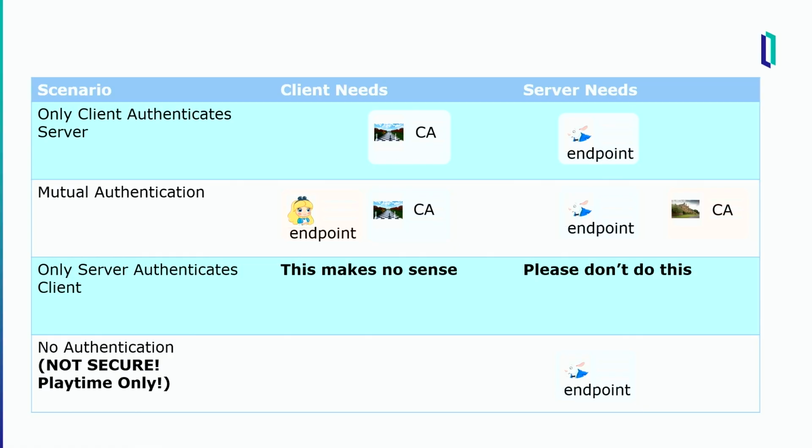The client needs the CA certificate from the CA that made the server's endpoint certificate, and the server will need its own endpoint certificate. But the client will then need its own endpoint certificate, and on the other side, the server will need the CA certificate from the CA that made the client's endpoint certificate. All right? We're not going to cover the other scenarios because they're silly.